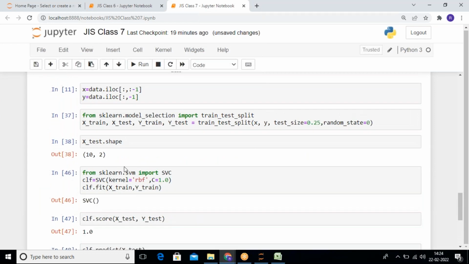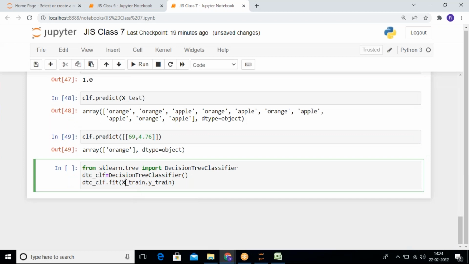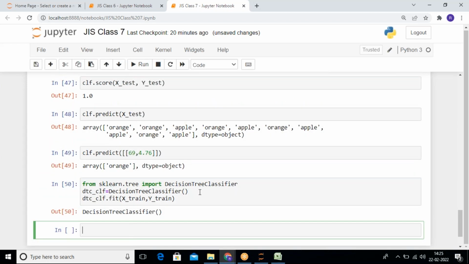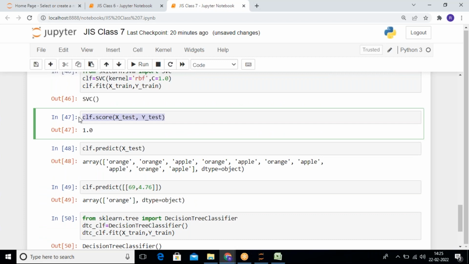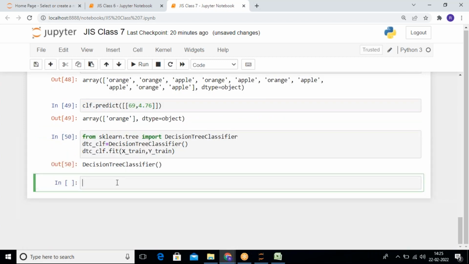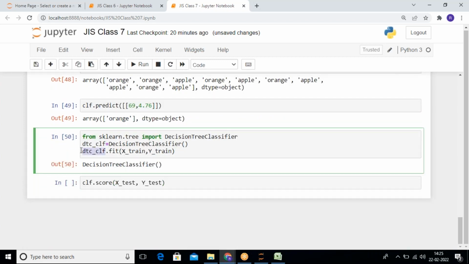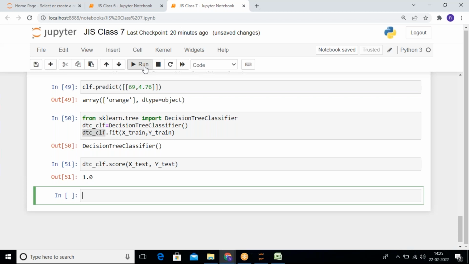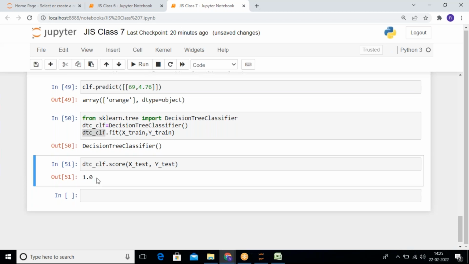Now here we have xtrain comma ytrain. I run this. Okay, the decision tree classifier is completed. Now with the help of this classifier I will test the score. The classifier is DTC_CLF score. See, it is also giving 100% accuracy.